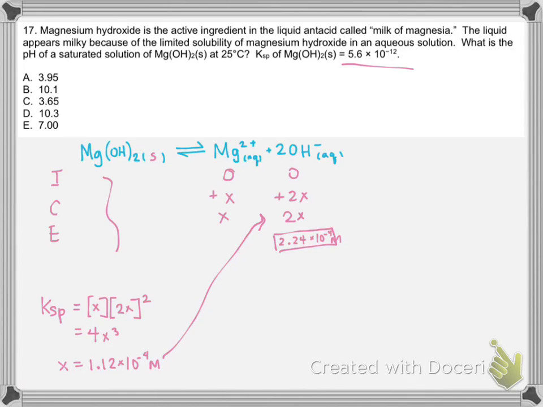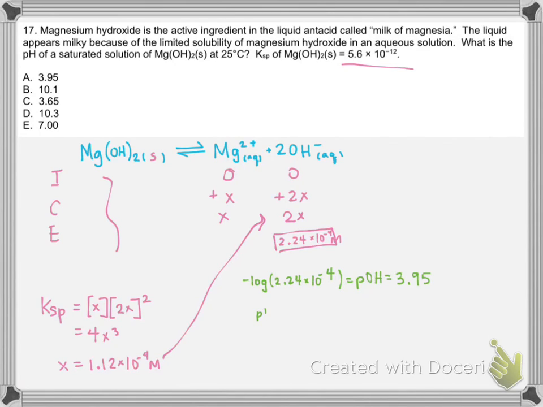And so from that now we can get our pH. So we can say the negative log of 2.24 times 10 to the minus 4th is equal to pOH, which is equal to 3.95.